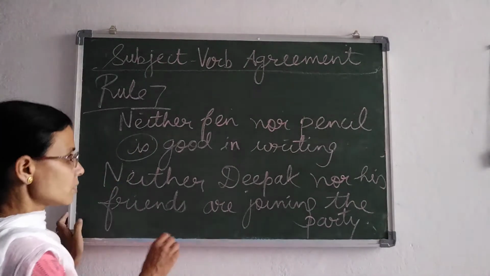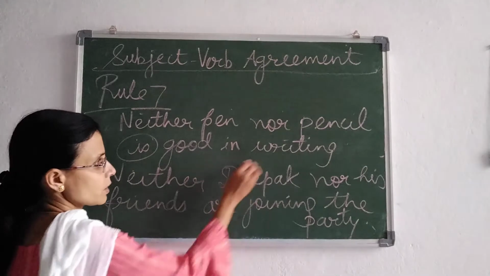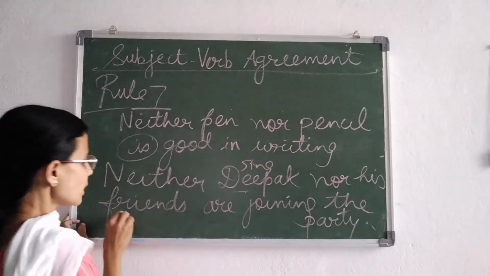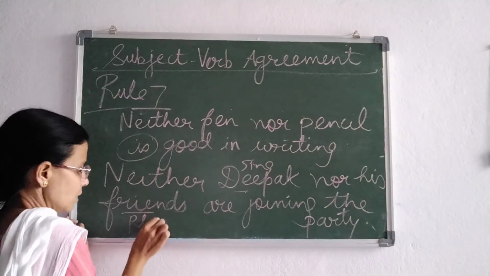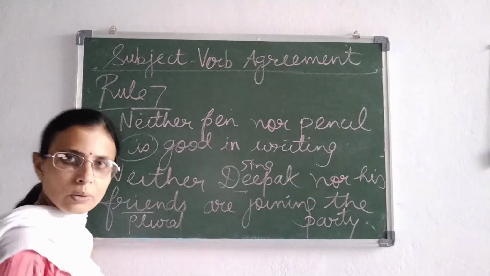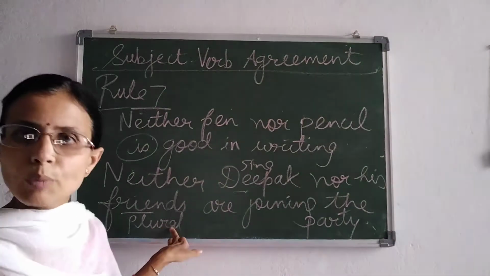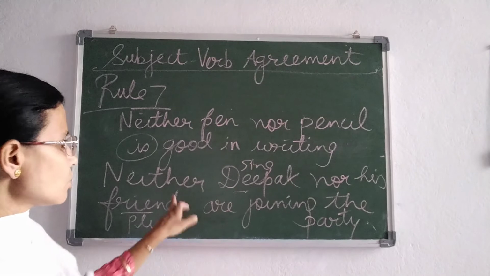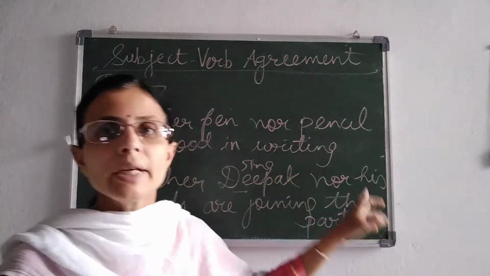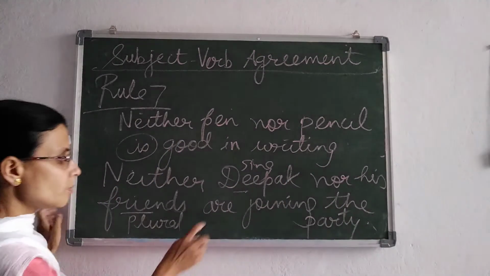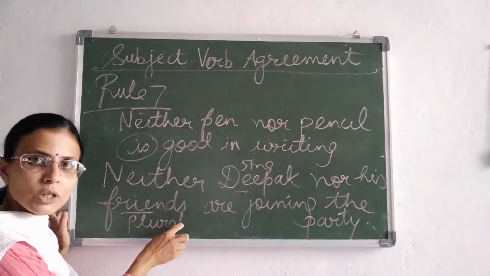Suppose this is your first subject, singular, and this is your second subject, plural. One is singular, one is plural, and these two subjects you are joining by neither nor. It means what? The verb will be according to the second subject.